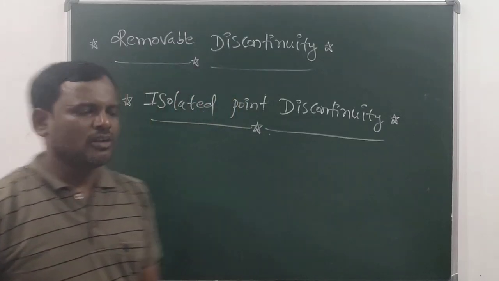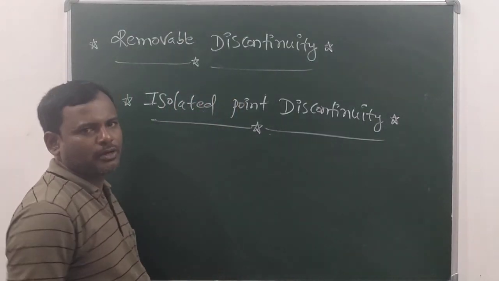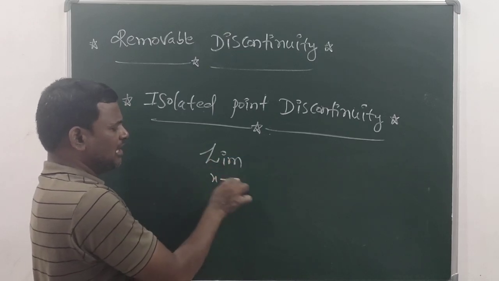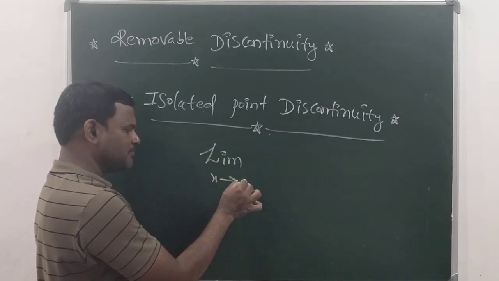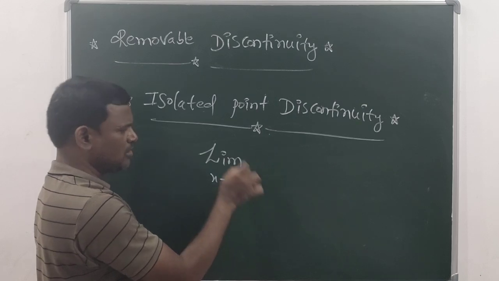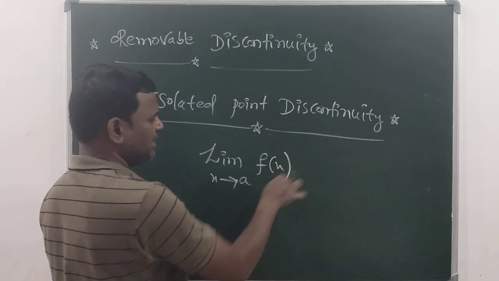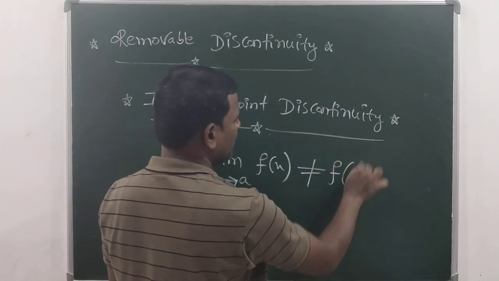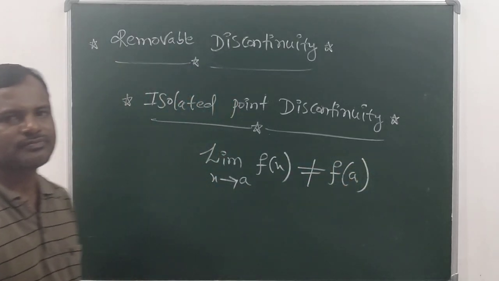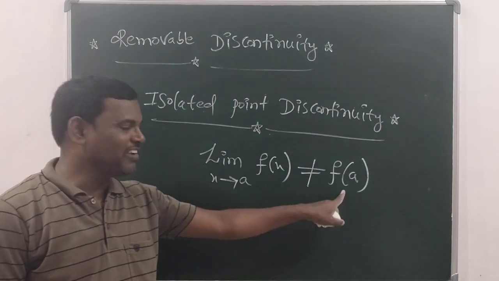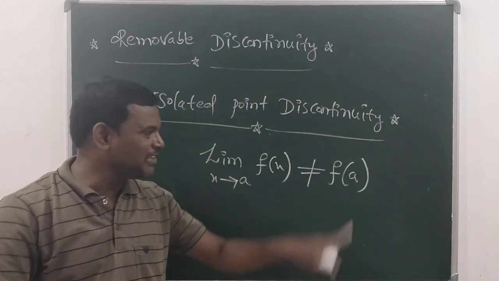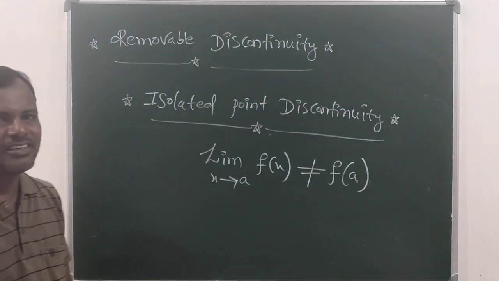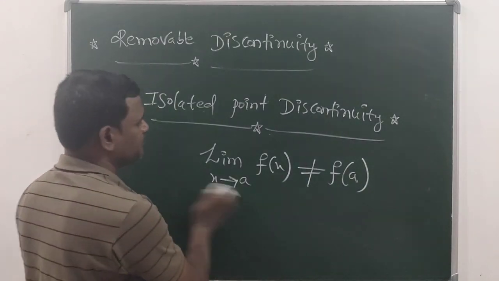Now, in this isolated point discontinuity, the limit of the function exists, but it is not equal to the value of the function. In the earlier one, f of a was not defined, but here it is defined, only both are not equal.